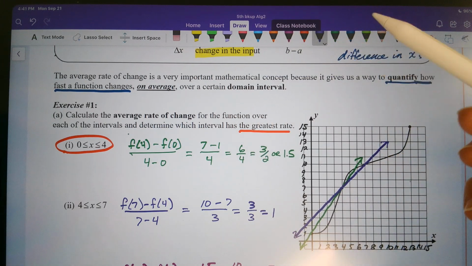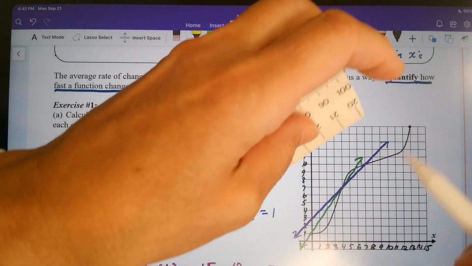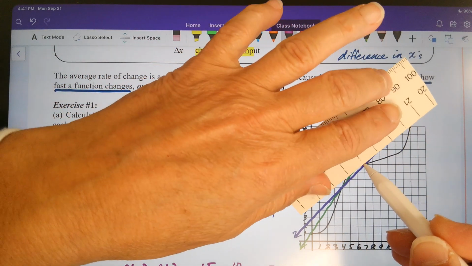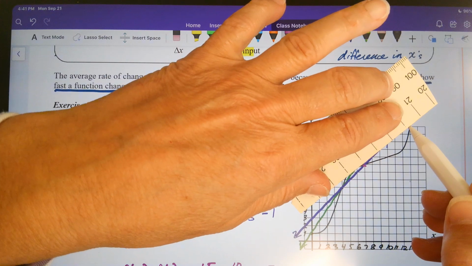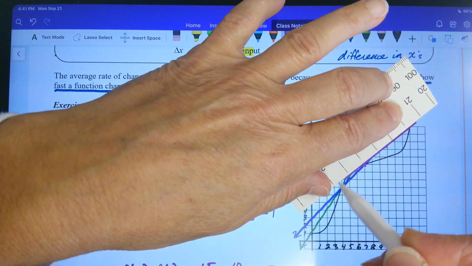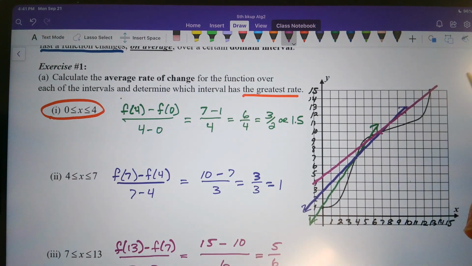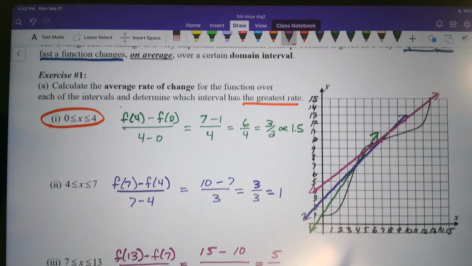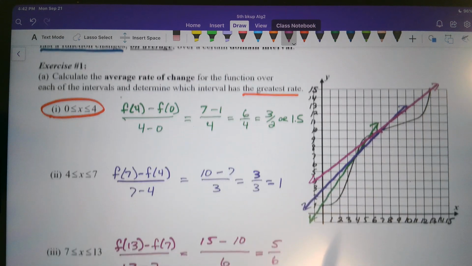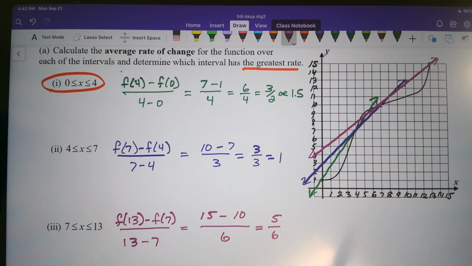And 7 to 13 was the last one. What we've drawn here are the slopes connecting the 2 points.